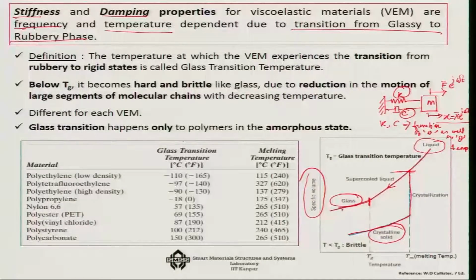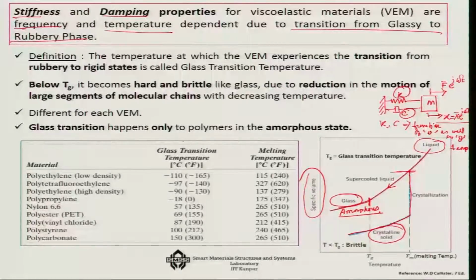This happens because the structure is amorphous in nature. That means there is no well-defined crystal structure that will be able to form, and that is true for viscoelastic materials also.